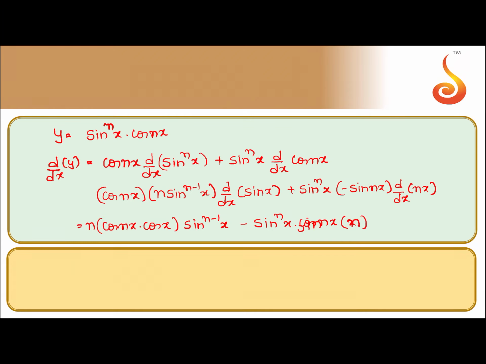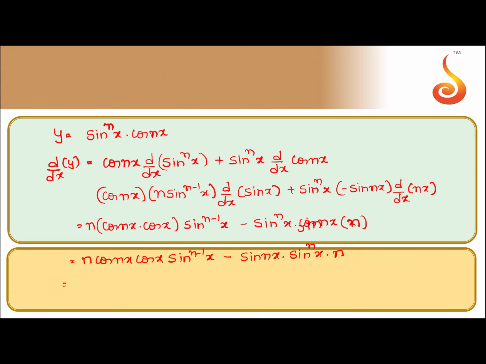So finally I'll write it as n cos nx cos x into sin to the power n minus 1 x minus sin nx into sin to the power nx into n.